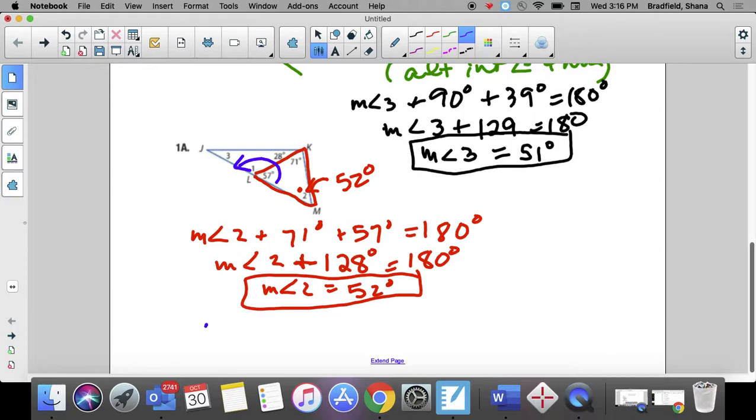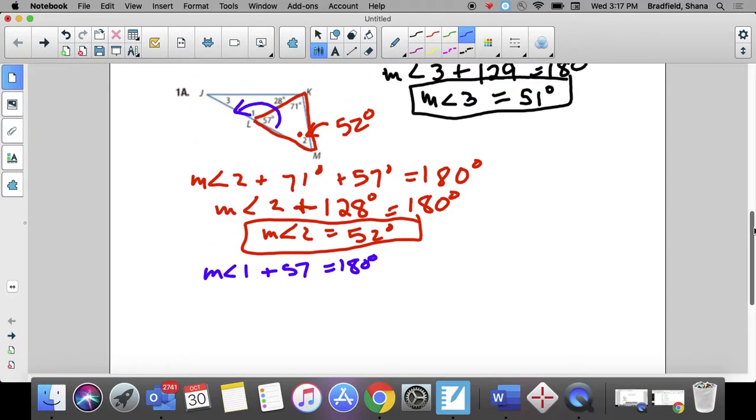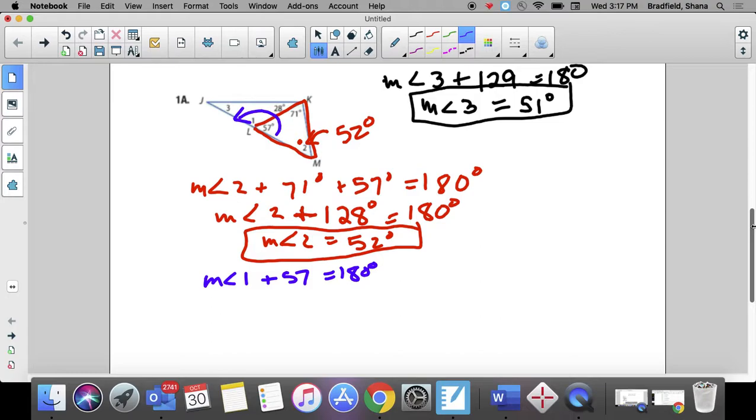They're supplementary. So the measure of angle 1 plus 57 is equal to 180 because that's a linear pair. And we'll subtract 57, so the measure of angle 1 is 123 degrees.